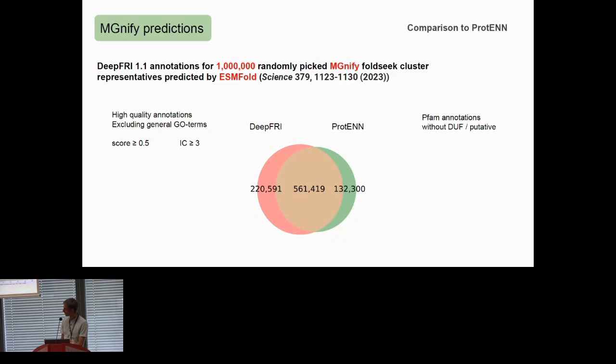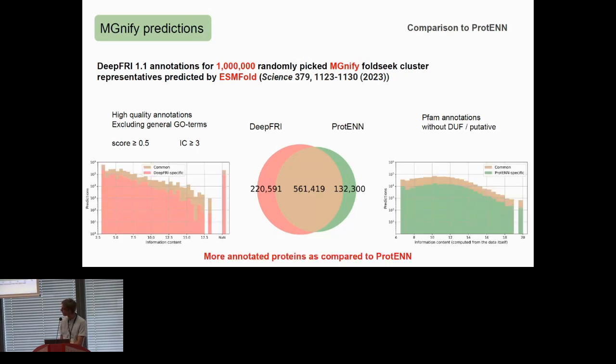As you can see, in this Venn diagram, we have a comparison for uniquely annotated proteins, and DeepFRI is able to predict more. When it comes to the total number of predictions, it's the same, but on the x-axis we have information content, which is computed differently, so we cannot compare each bin in the same way.